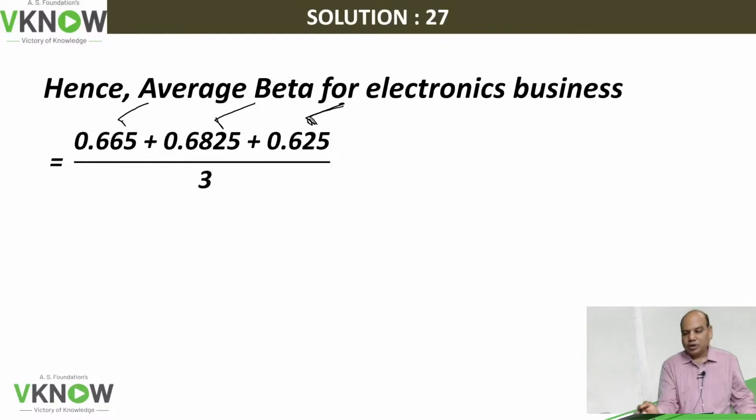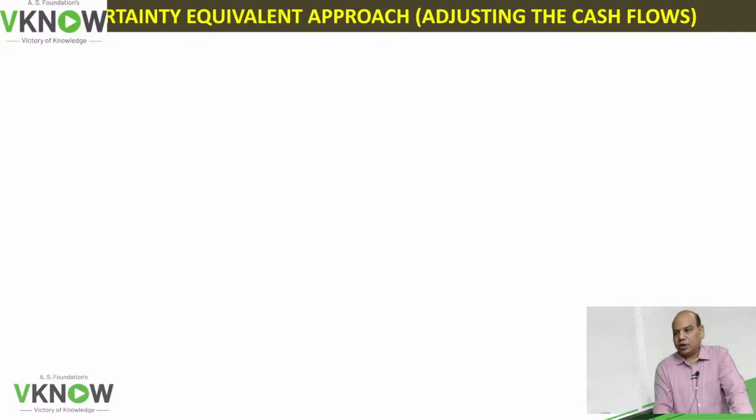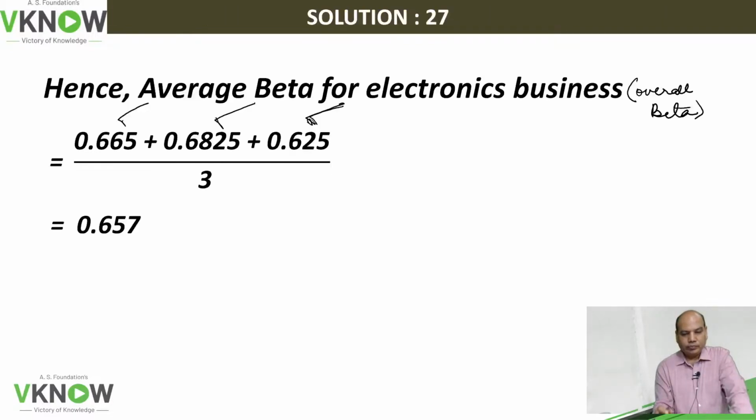So overall beta, you can write in bracket, is equal to 0.657, in bracket proxy beta.